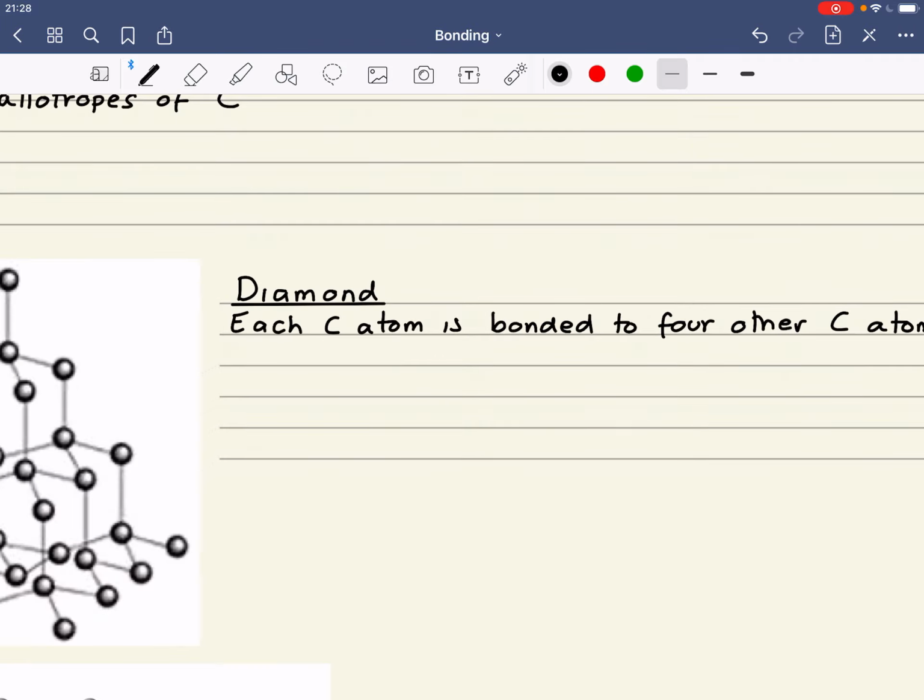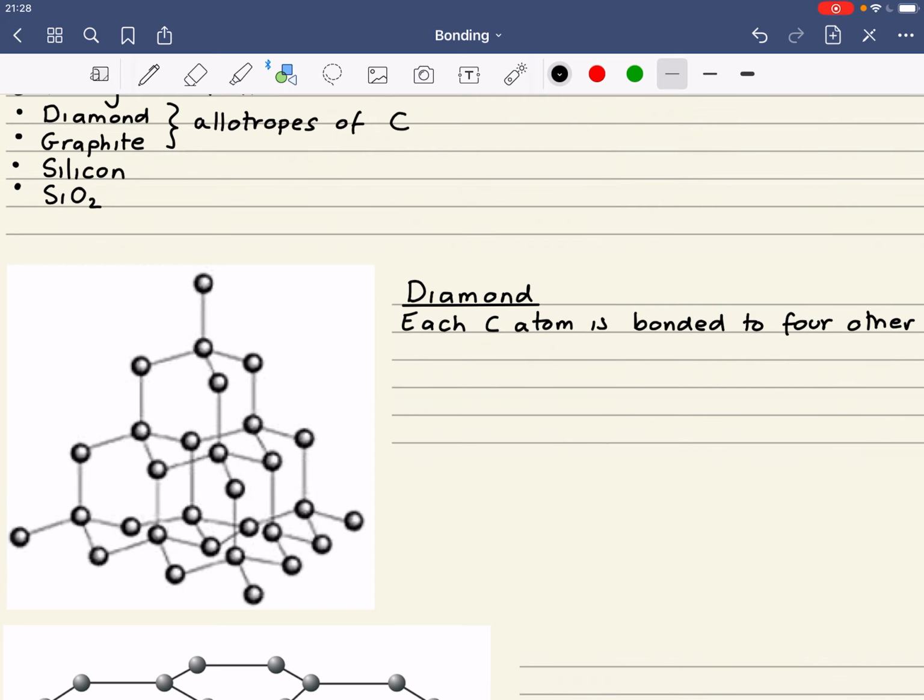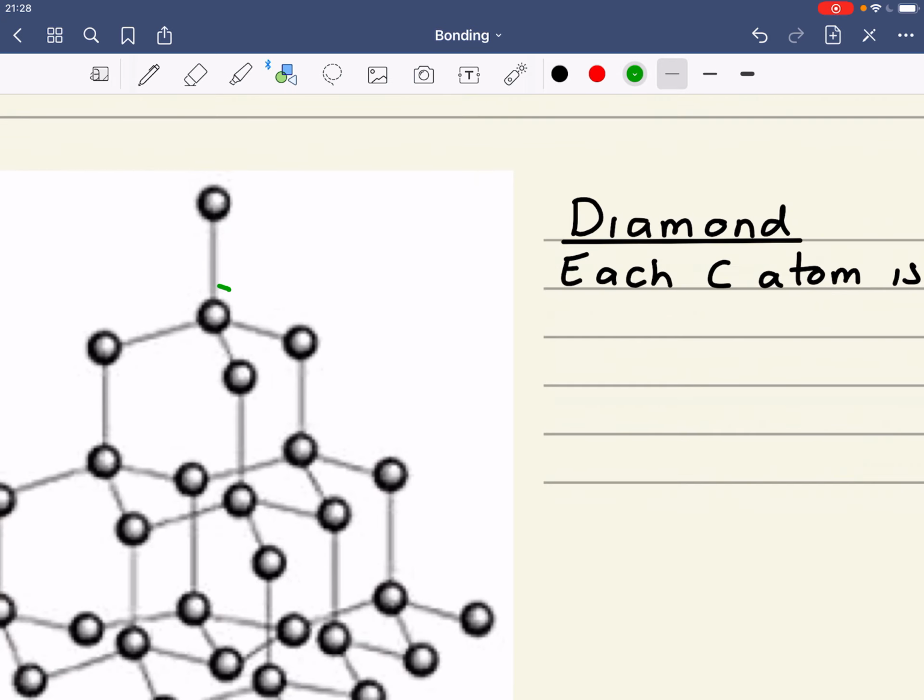If we look at the structure of diamond, we can see that this carbon that I've circled is bonded to 4 other carbon atoms.